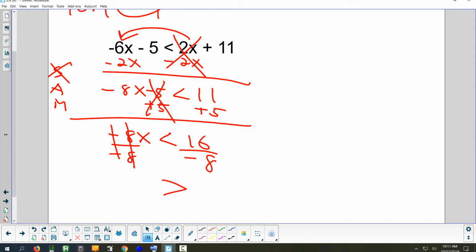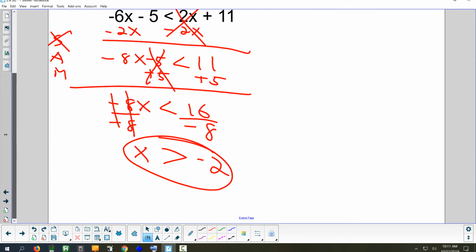Because we divided by a negative. And the way I had you guys solve it, we're going to have it set up perfect. Letter, symbol, number. Now I just need the number. 16 divided by negative 8 gives me negative 2. Good. There we go.